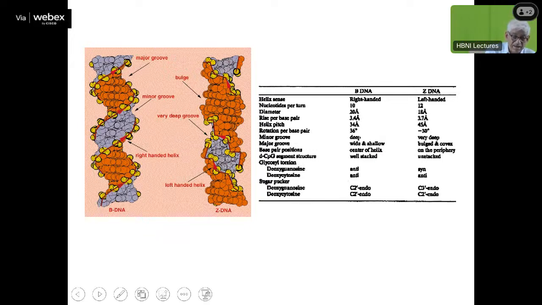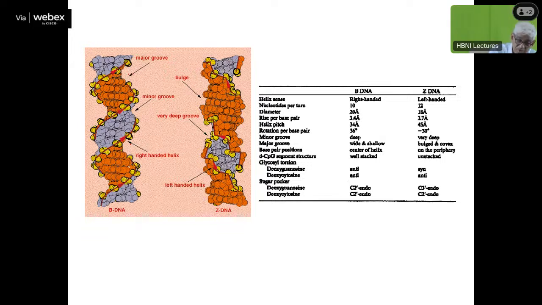There is a groove here and this big groove there. This is the minor groove and this is the major groove. This is a right-handed helix which is going, and then this is the minor groove, the small groove between the two helical chains. There is one chain going like this, the other chain coming like this. Between these two, that groove is called the minor groove.